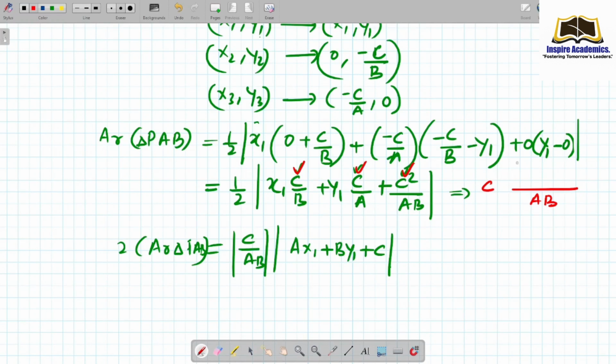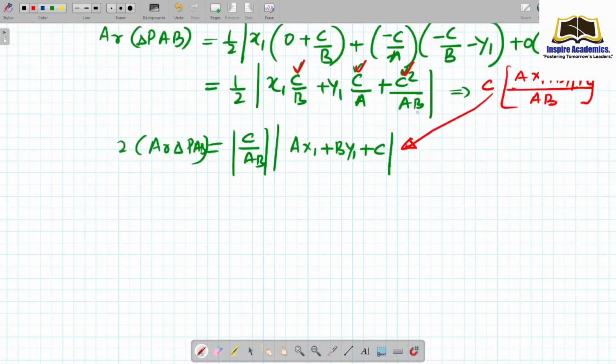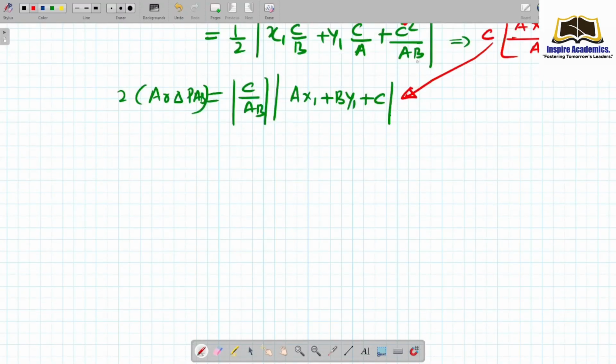So you are getting AB you have taken common and C also you have taken, so basically you have AX1 plus BY1 plus C. Okay, or you can write it like this. Is that clear or not? So this is what you got.